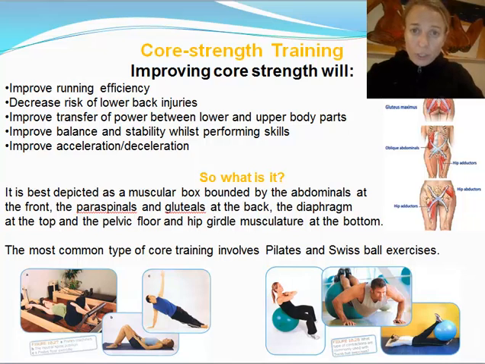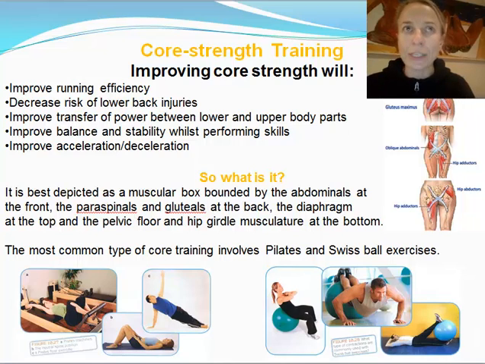And these help to maintain good posture, good efficiency, and good balance. So core strength is very important for nearly every single sport. And there's a number of different ways to improve core strength. You can use Swiss balls, you can use Pilates machine equipment, you can use your own body weight.